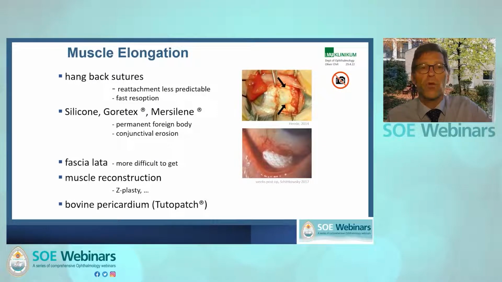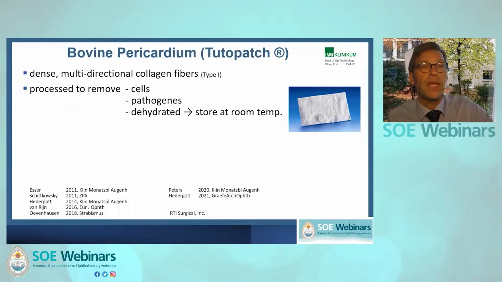And my preferred way of muscle elongation is using bovine pericardium, which is commercialized under the name of Tutopatch. I do not have any commercial interest in this product. It's bovine pericardium, and it's processed to remove cells, pathogens, any bacteria or virus which may be in the pericardium, and then it's dehydrated so it can be stored at room temperature.